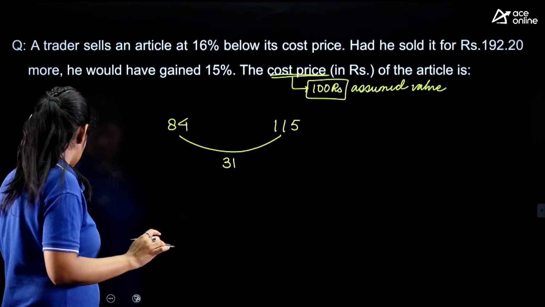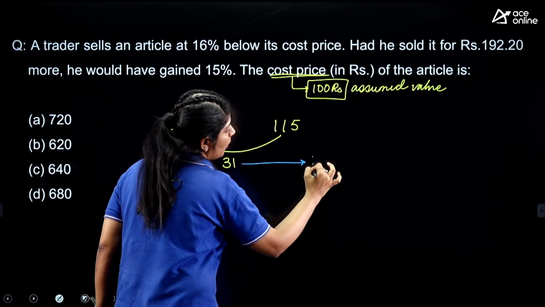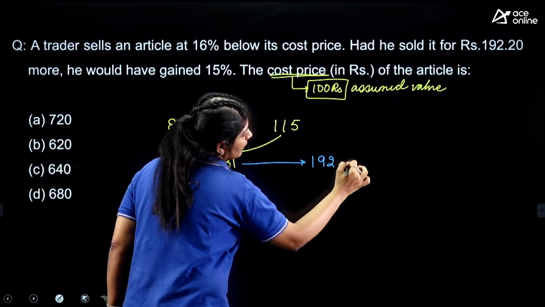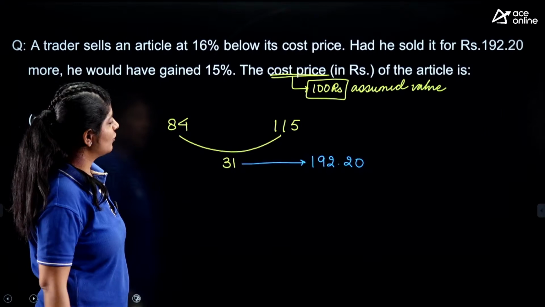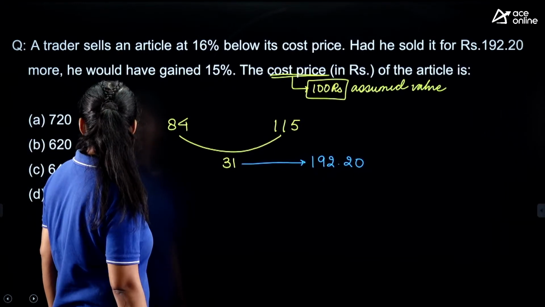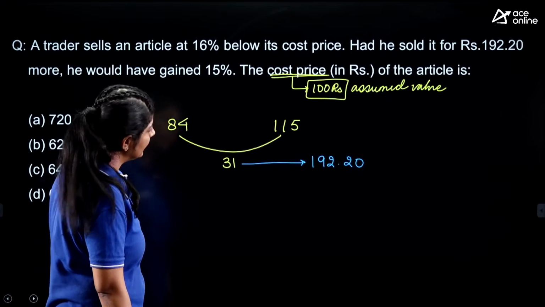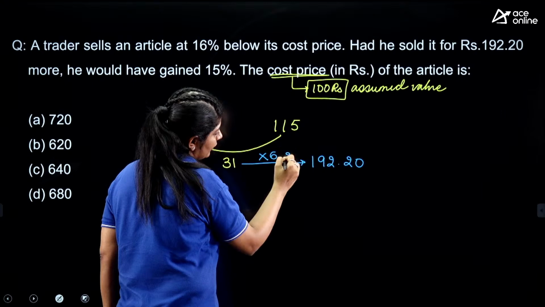But according to the question, this difference is actually equal to 192.20, right? That means it is a multiple of approximately 6. So it is nothing but 6.2.